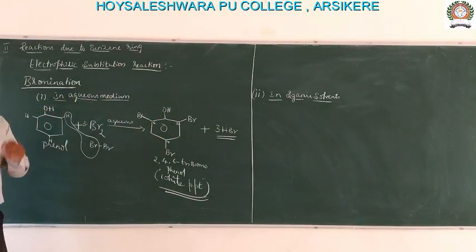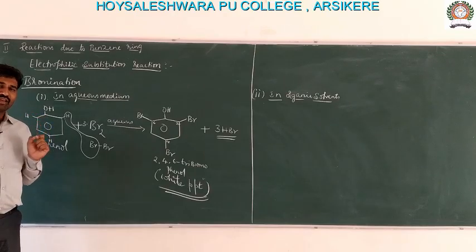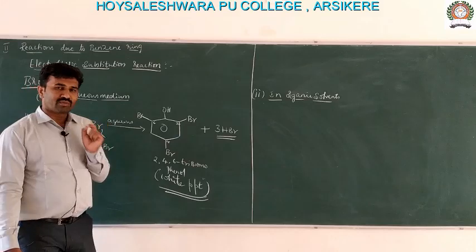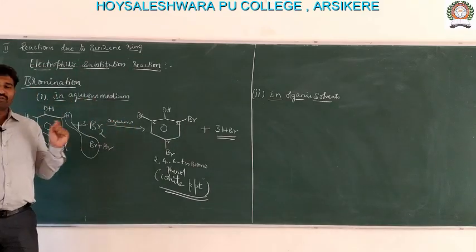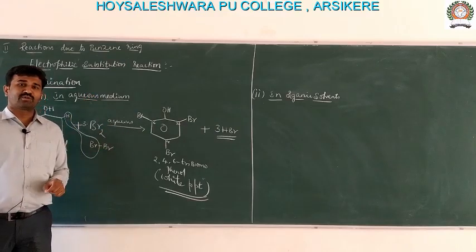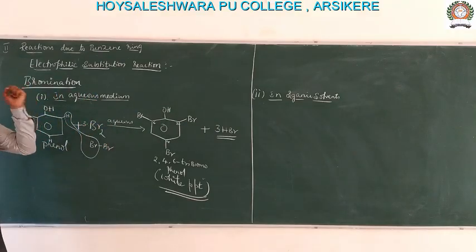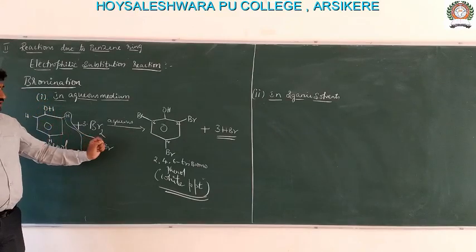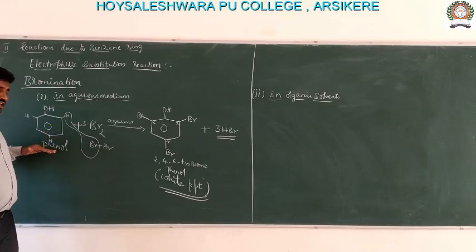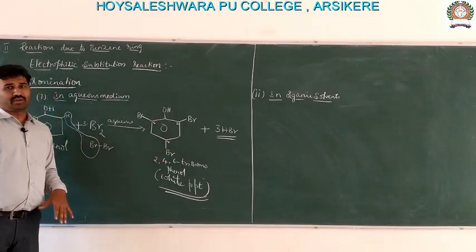It will be asked as a 1 mark question: name the precipitate formed when phenol reacts with bromine water, or write the structure of the compound formed. It may even be asked for 2 marks: write the reaction for the conversion of phenol into 2, 4, 6 tribromophenol.